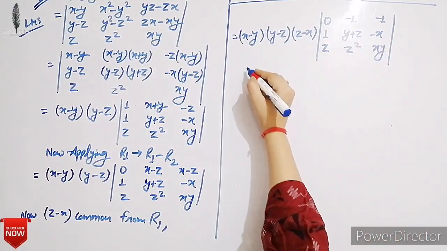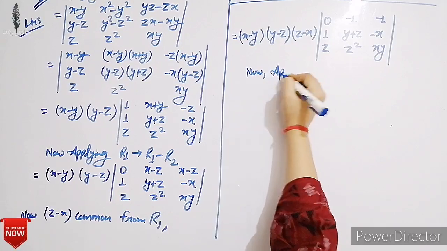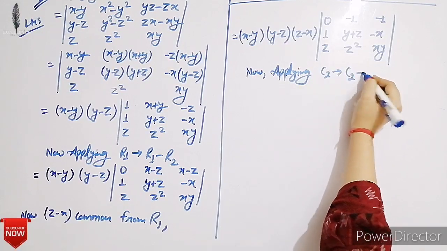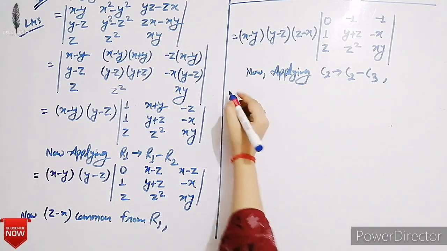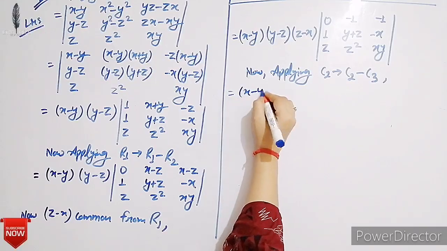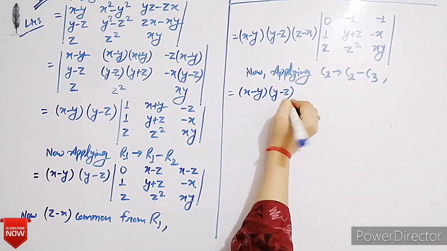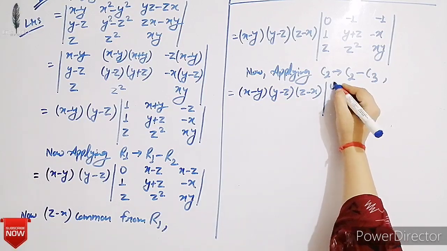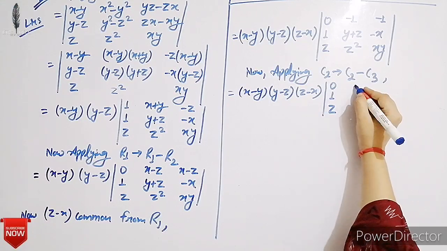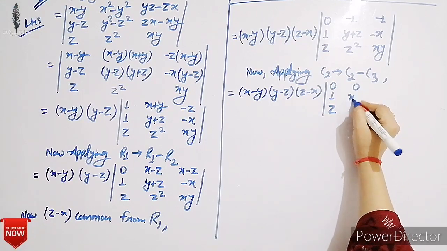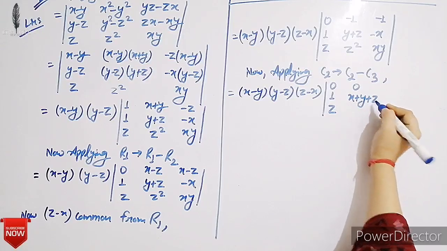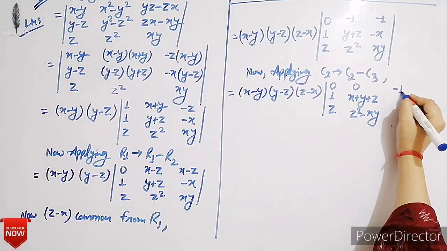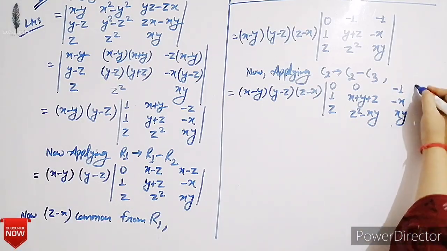Now applying the change, C2 is such that C2 minus C3, that is equals to x minus y, y minus z, z minus x into C1 is same 0 1 z, C2 becomes 0, here x plus y plus z, and here z square minus xy. C3 is same, that is minus 1 minus x, xy.